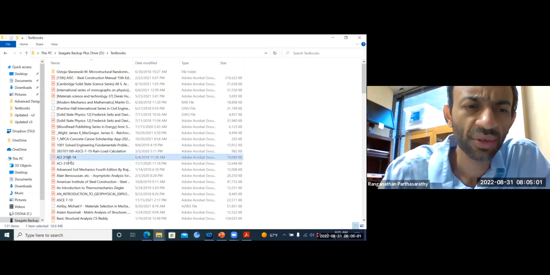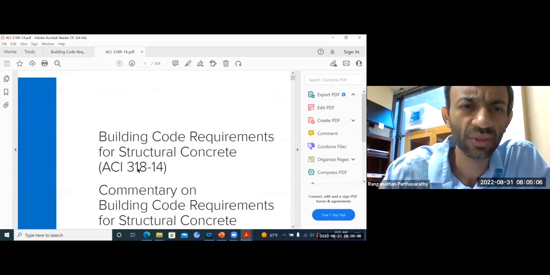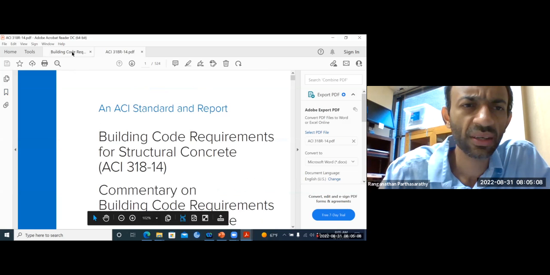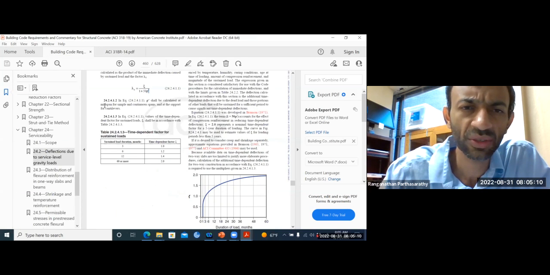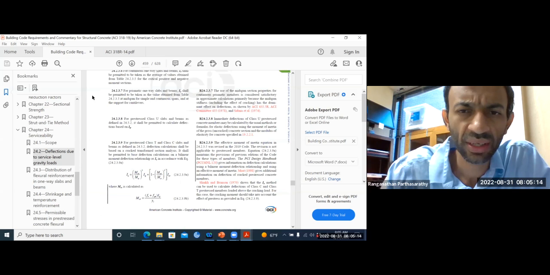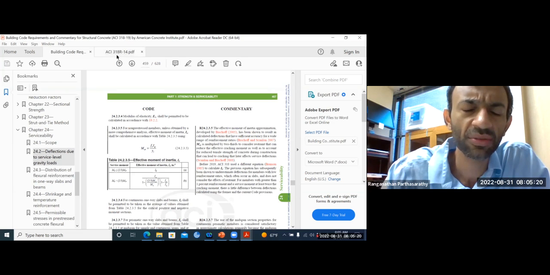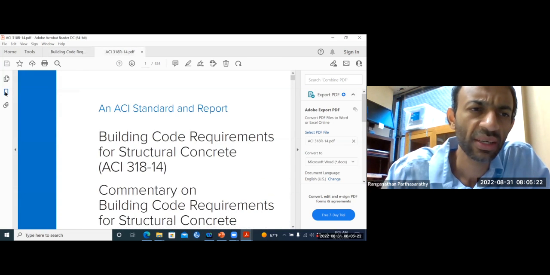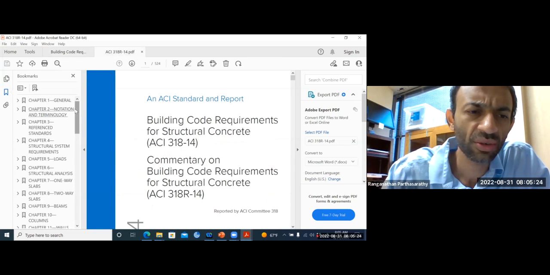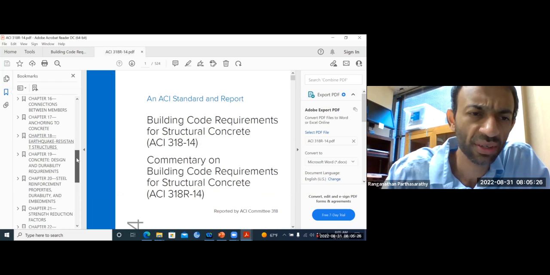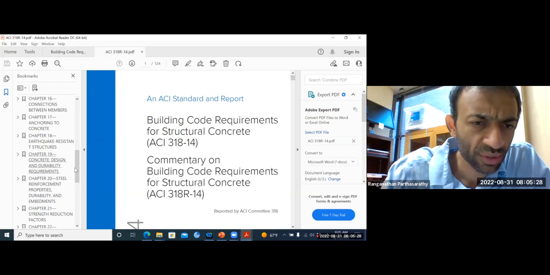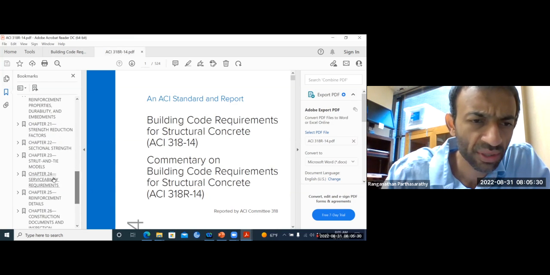So if you look at the 2014 code or the older codes, the calculation of the effective moment of inertia will be slightly different. So here you can see that's the way your effective moment of inertia is calculated. And in the 2014 code, the interpolation was done differently. Let's go to the serviceability chapter here.